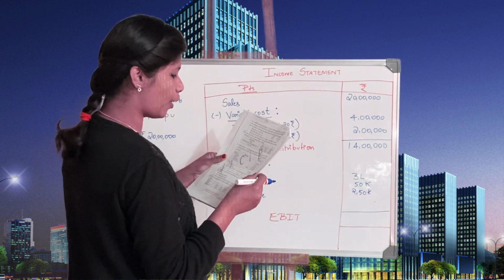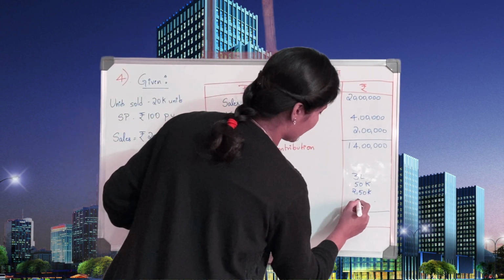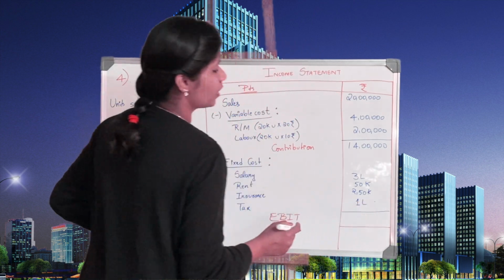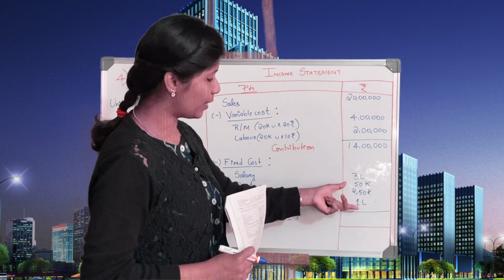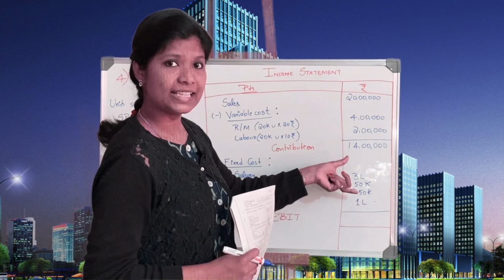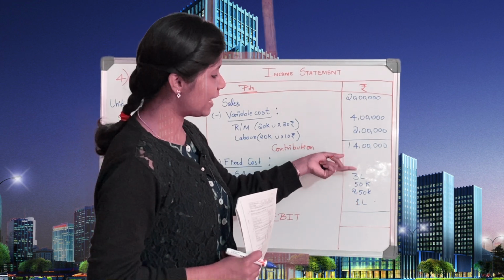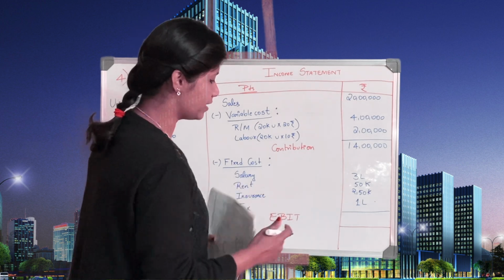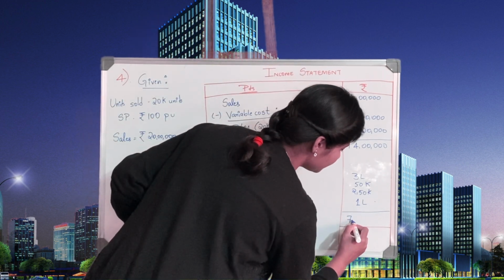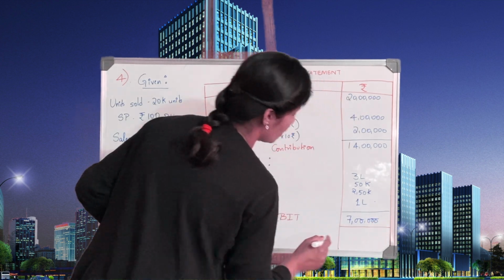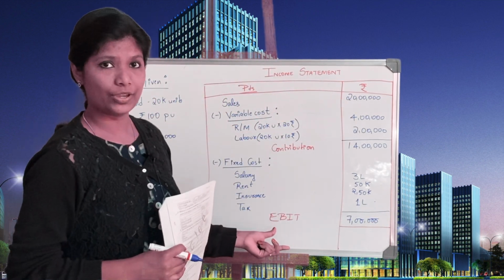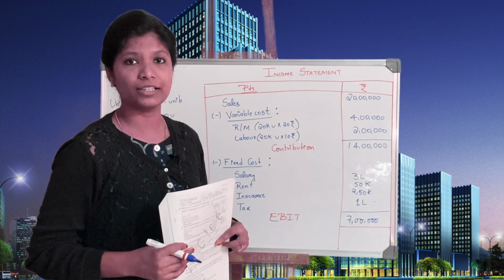And last, property taxes are rupees 1 lakh. Now all put together, 3 lakh plus 50,000 plus 2 lakh 50,000 plus 1 lakh gives us 7 lakh rupees. So 14 lakh minus 7 lakh, the balance is 7 lakh rupees. So the EBIT for the question is 7 lakh rupees.